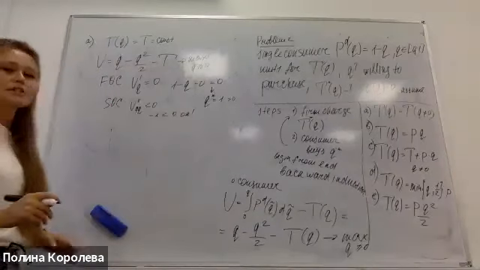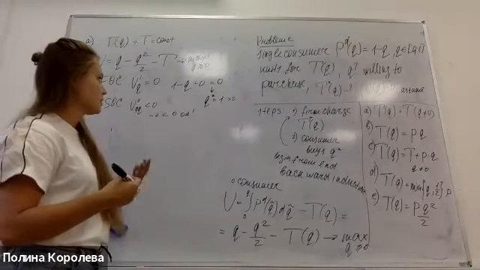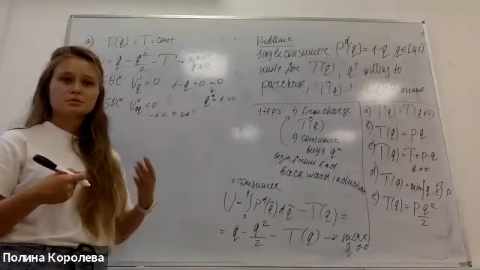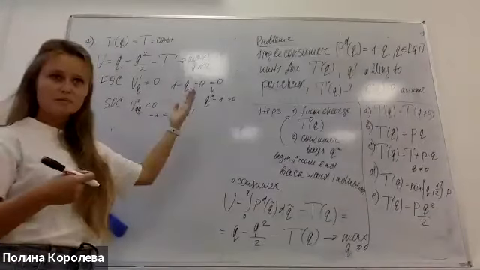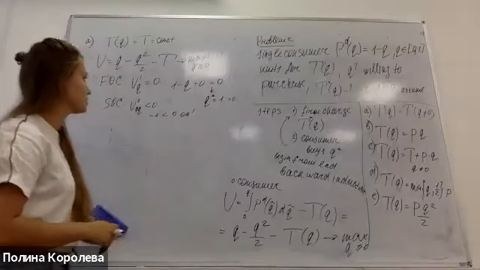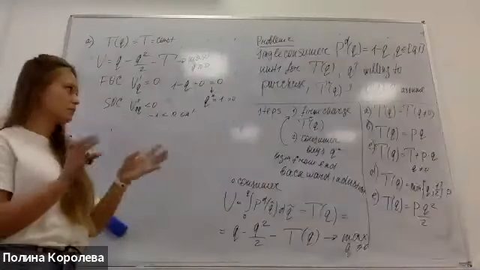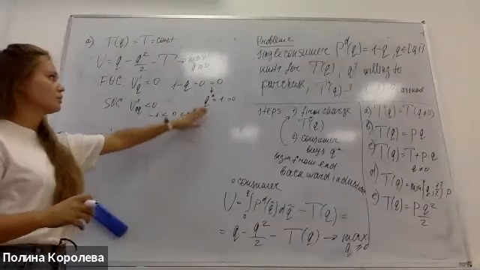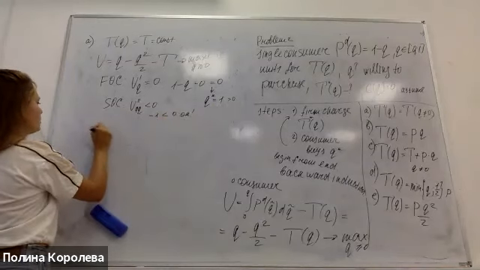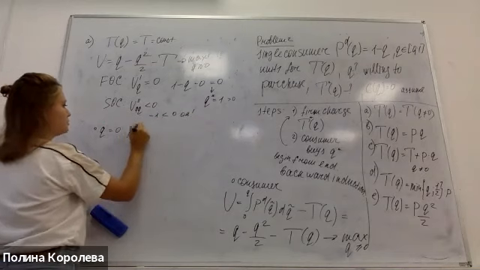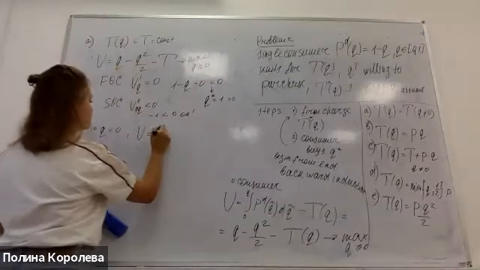And something like shutdown for our consumer is what? The consumer compares what utility will be if he will not buy this product, and the utility if he will buy. So two utilities: utility from 0 and utility when he will buy something. So let's compare. If quantity is equal to 0, the utility is equal to 0 also.